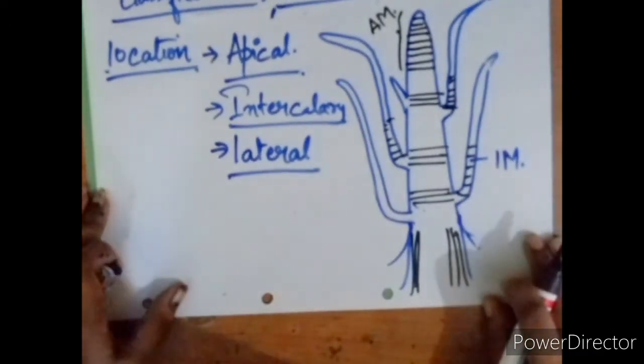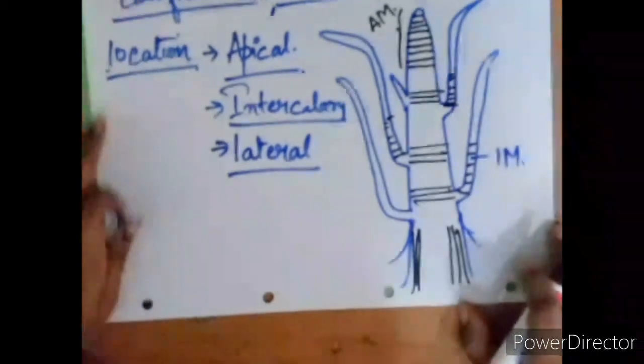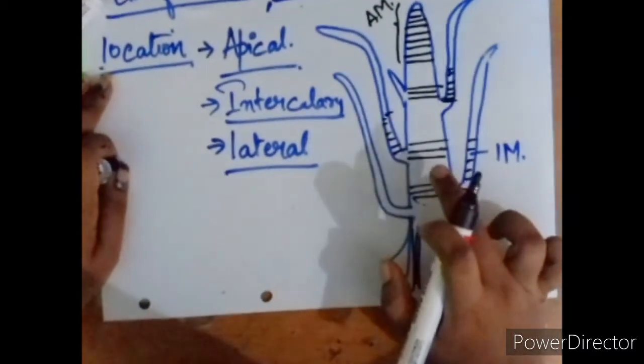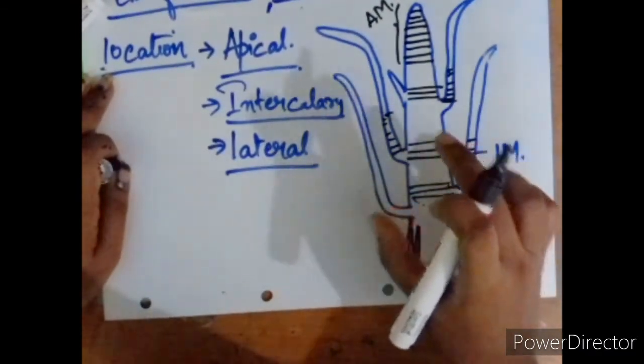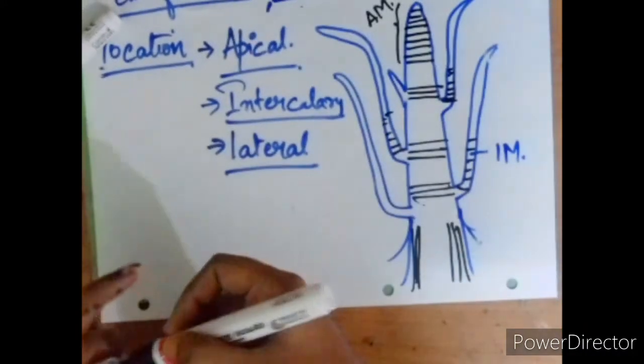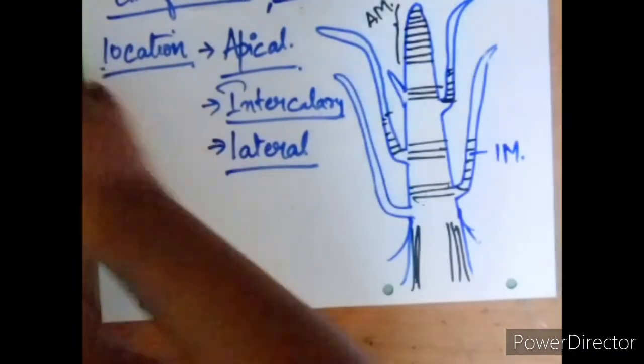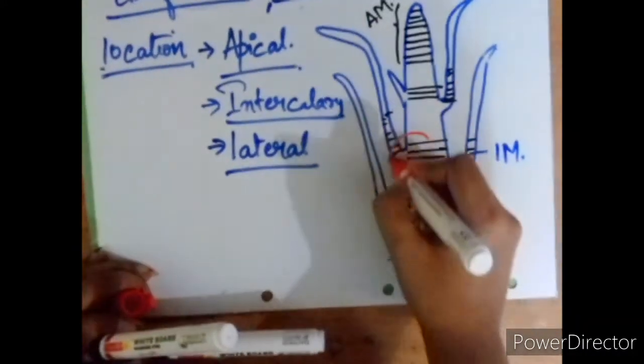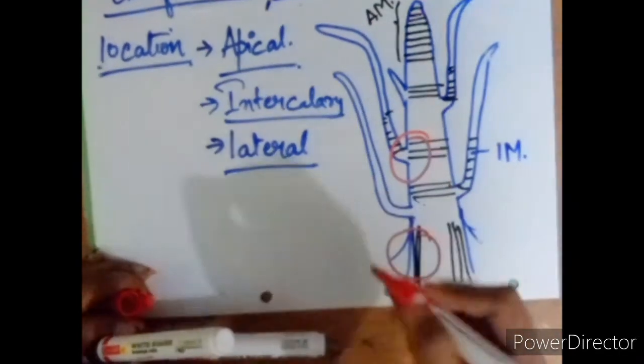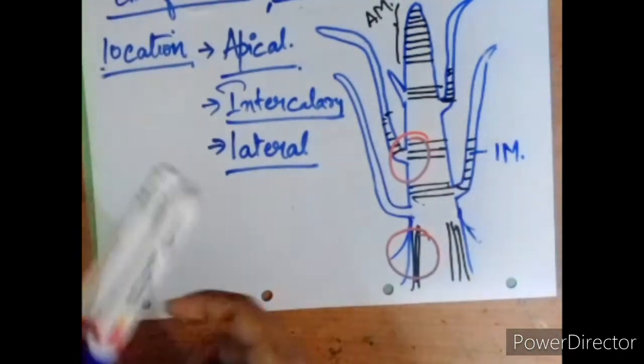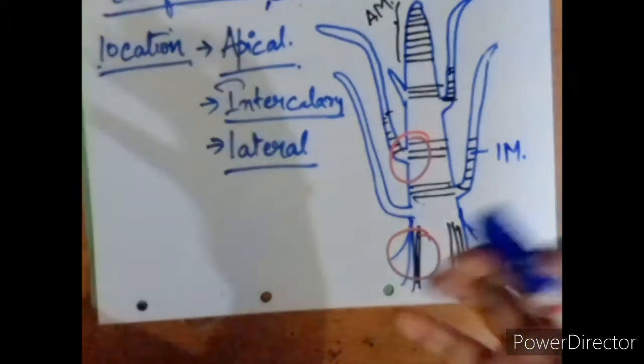Clear? Now let me give you one example. See, this one I am just making in a magnified way. For example, this region and for example this region. Okay, why I am saying this is how the growth is taking place.